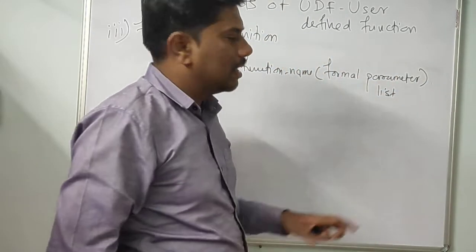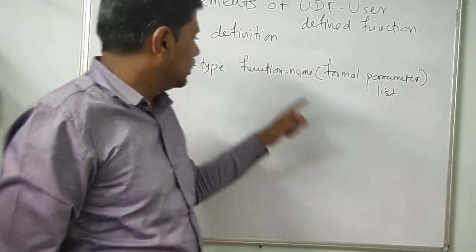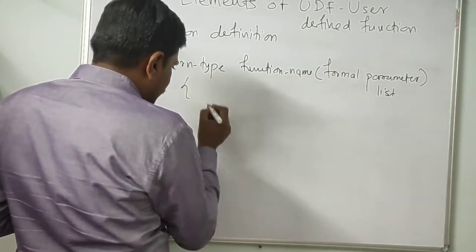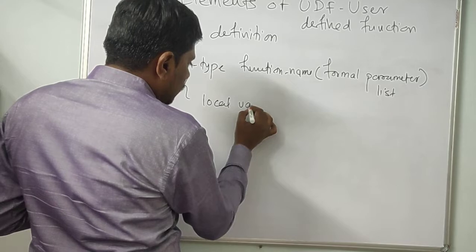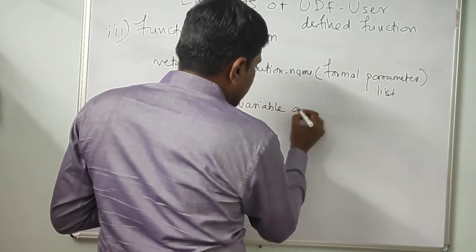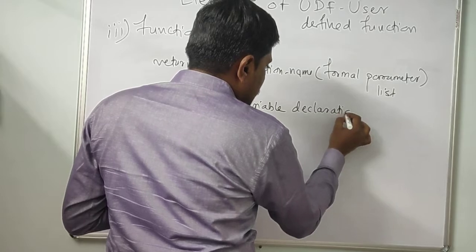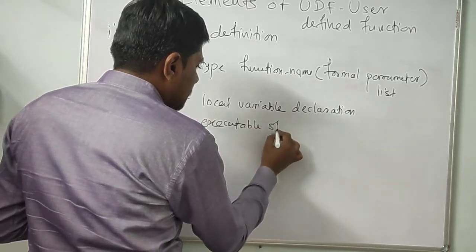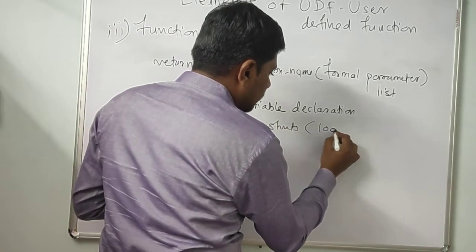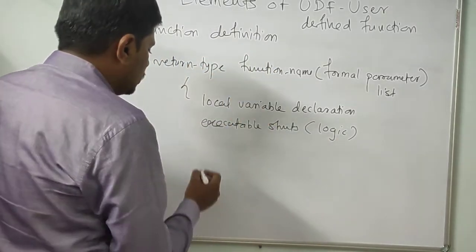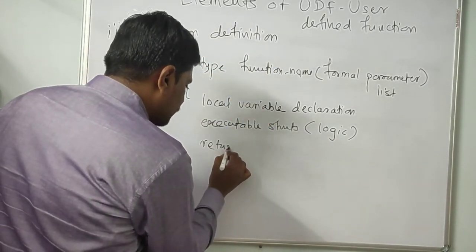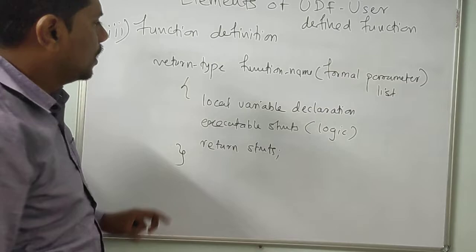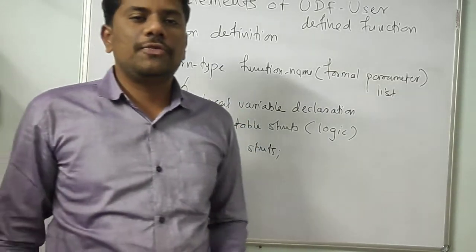The semicolon was there, but don't take the semicolon in function definition; except for that, you can take everything. Then the starting curly brace, then the local variable declaration, some executable statements, your logic, or you can say main logic, the implementation of your function, and then return statements if required. And then the closing bracket.